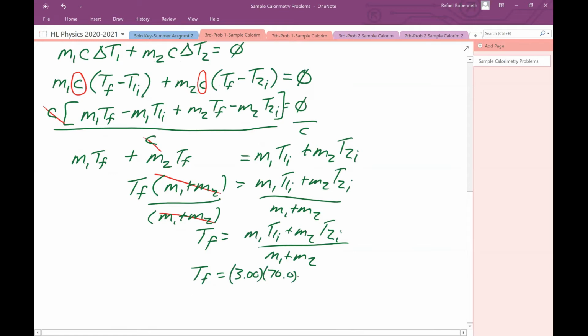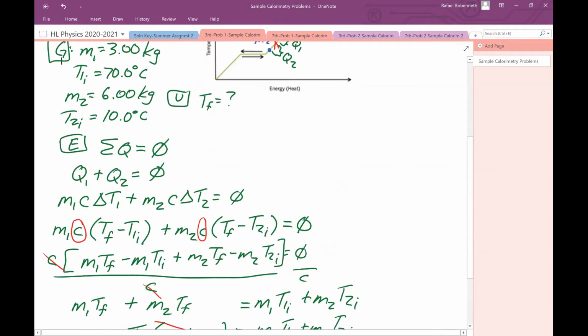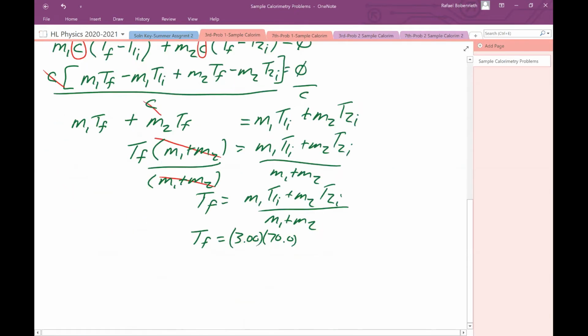And M2 is 6. And the other initial temperature is 10.0. And that's all divided by the masses together, which is 3 plus 6.